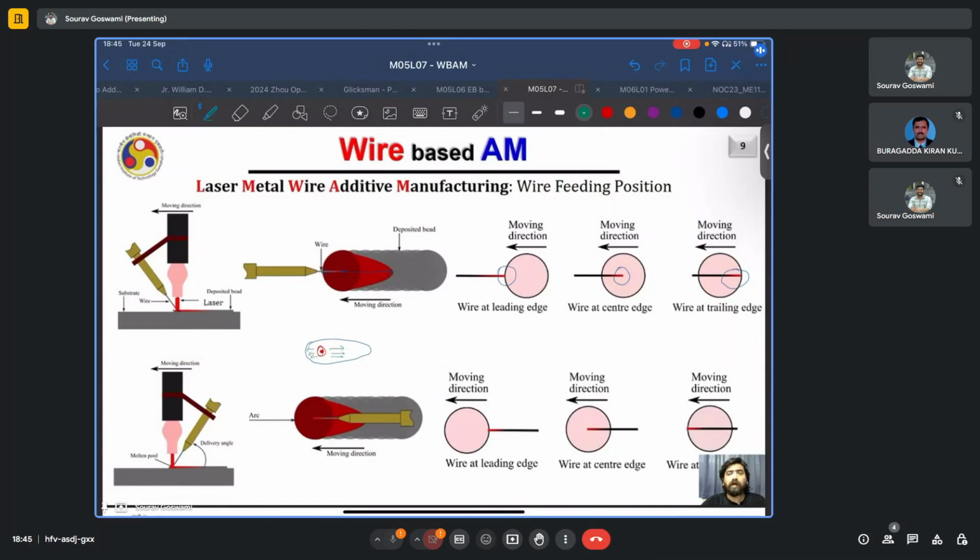Of course, there are other factors such as Marangoni convection, the presence of surface active elements, and so on. But the point I'm trying to emphasize is that the melt pool shape on the surface is not symmetric. So there's asymmetry already present. And again, if the wire is entering at different regions, the characteristics of the bead can be very different.